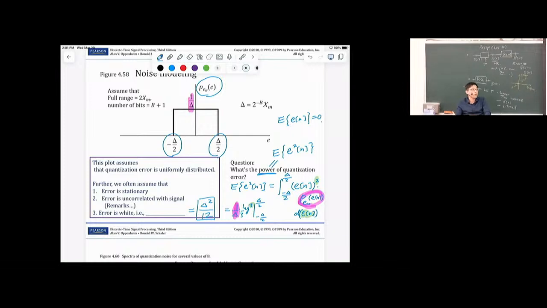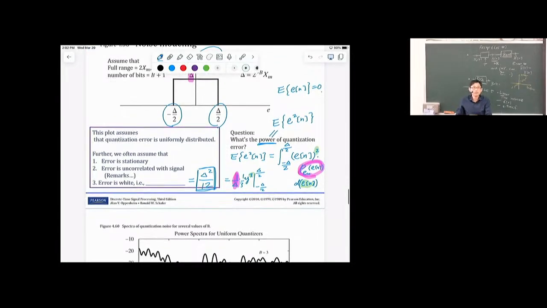That's our noise power per sample. At every sample of time, we collect this much noise. It is proportional to delta squared.